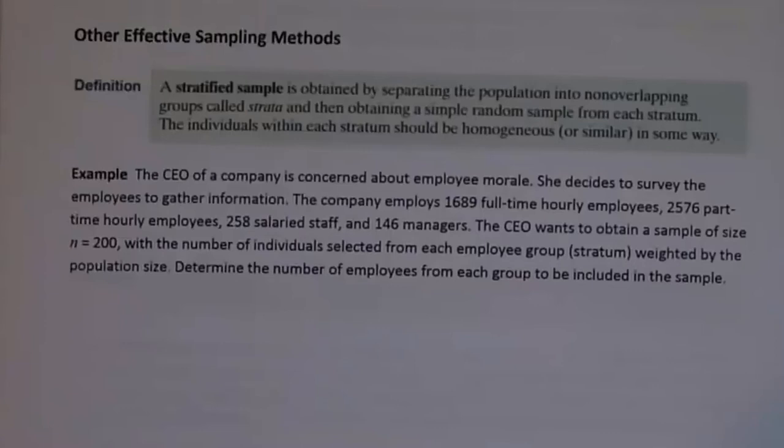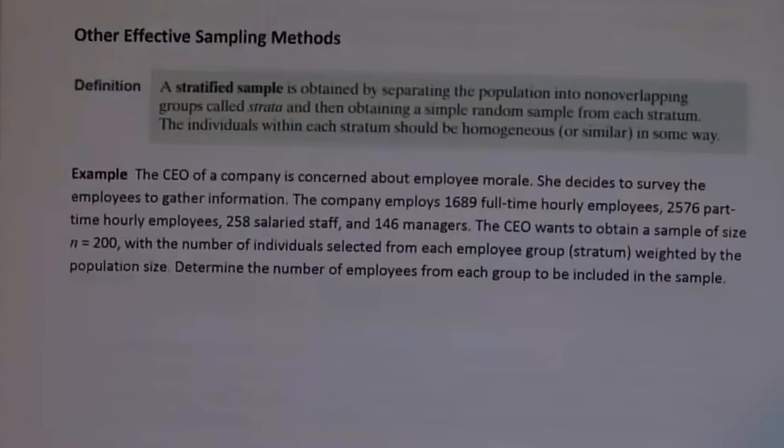Now, that can also be a problem though with stratified. If I think that 35% of the population is Democrat, but it's really 40% of the population that's Democrat, then I'm going to have the proportions wrong in the sample. So again, my sample is probably not really going to represent the population.